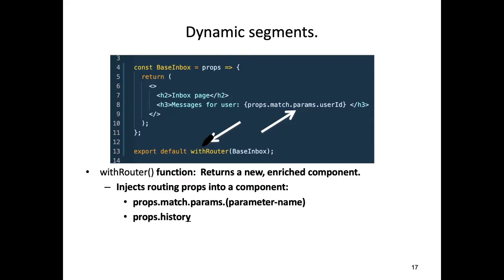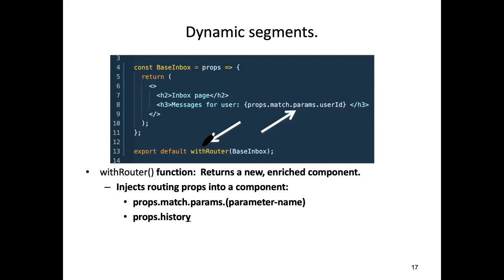This withRouter function is classified as a higher order component function. Higher order component functions are a technique that we use quite a lot, or certainly it's used by a lot of third-party libraries, and the React router, the React framework itself.